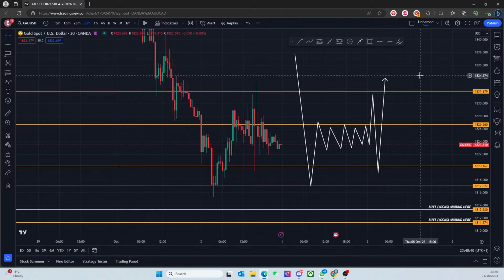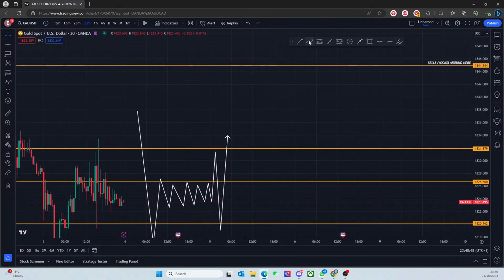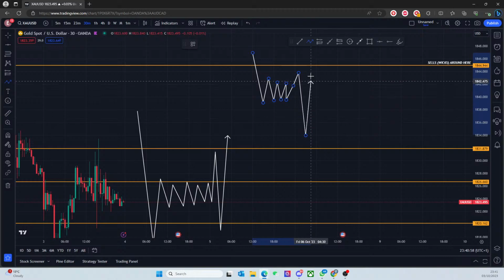Typically if we're in a downtrend, you're looking for liquidity to continue that downtrend. If you're looking for buys in a downtrend, you have to understand what you're trading. Typically if price reverses, it's going to come up, grab that liquidity, come down, and break these highs, something like this.